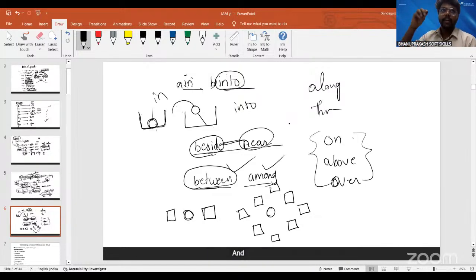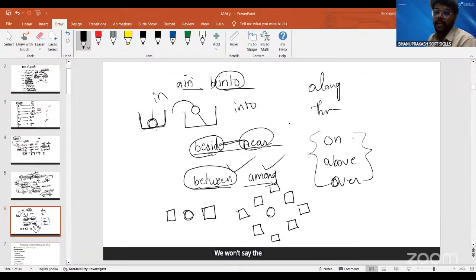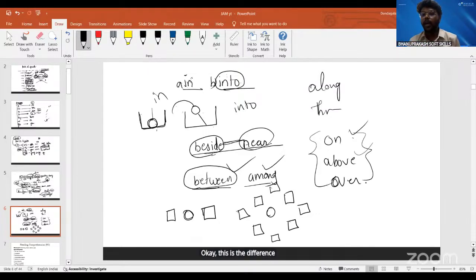And if it is not in contact with the surface object, then we call that over. That's why we use the word over for birds. The birds are flying over the sky. We won't say the bird is flying above the sky. Above is totally different from over. So over the sky is the right thing to use. Okay, this is the difference between on, above, and over.